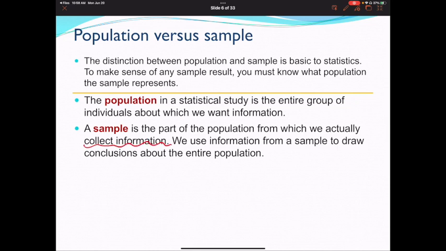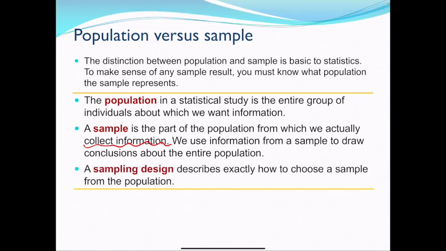It's a small enough subset that we can study. We're going to use the information from our sample to draw conclusions about our population. A sampling design, which we're going to talk about later in this video, describes exactly how to choose a sample from a population. There are many, many ways to do that.